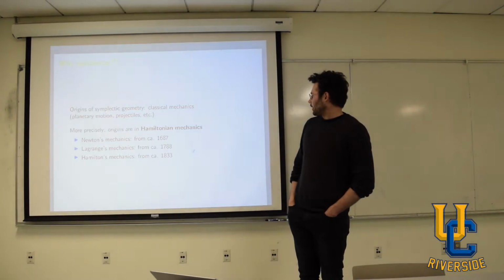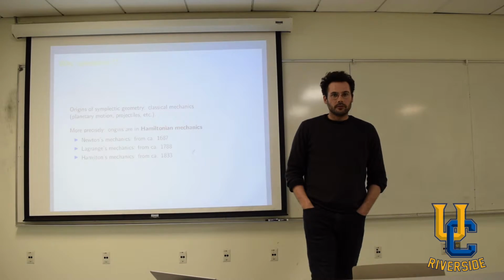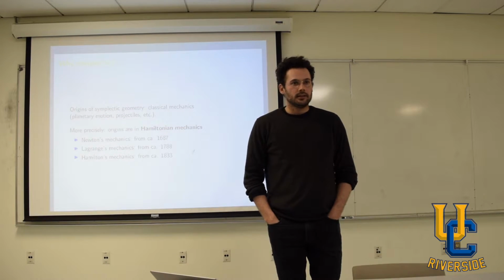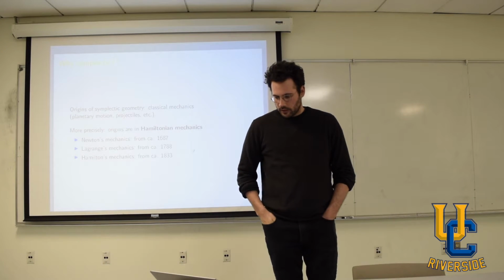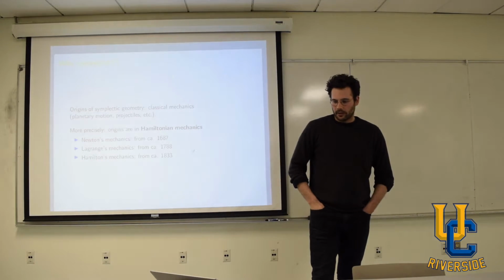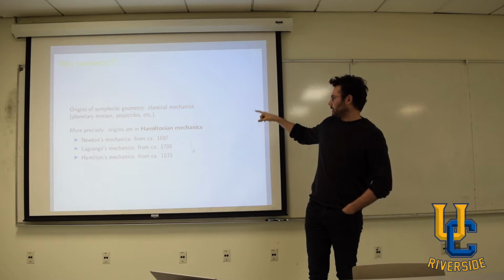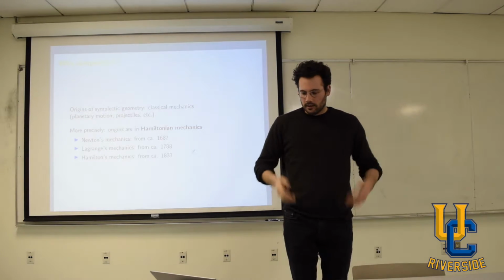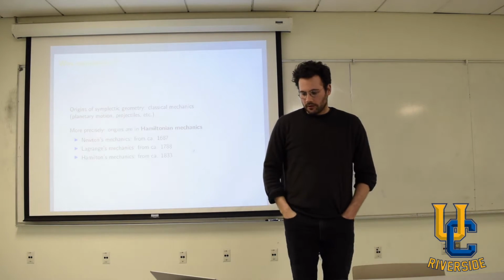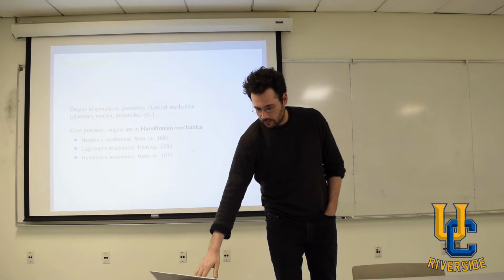And then quite a bit later, Lagrange reformulated mechanics in a different way, which was more general and more powerful, and Hamilton did a similar thing. What I'll do now is explain very briefly the connection between Newtonian and Hamiltonian mechanics. Lagrangian mechanics and Hamiltonian mechanics have an interesting relationship to each other, and that's more complicated. I will completely gloss over that.